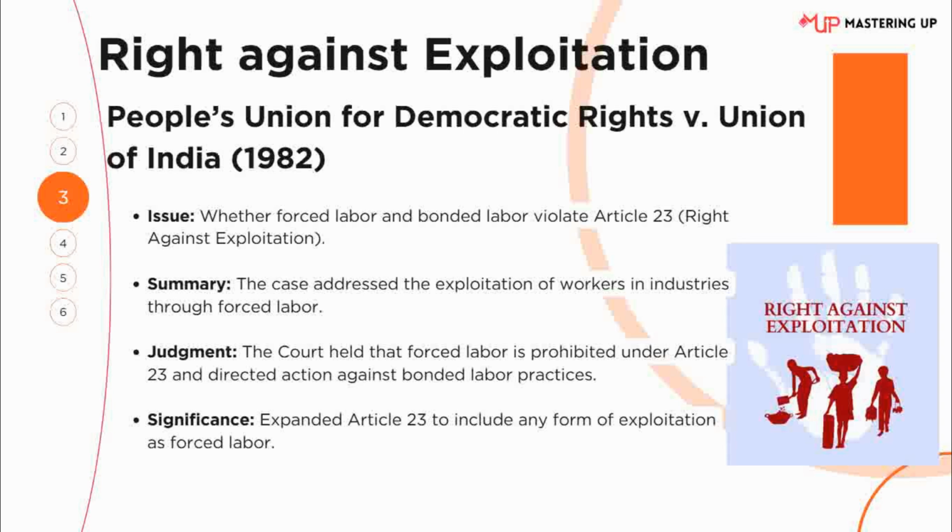The court therefore expanded the scope of Article 23 to include bonded labor, ensuring all forms of exploitation are unconstitutional. These cases highlighted the need for stronger enforcement against exploitation and better protection for workers.